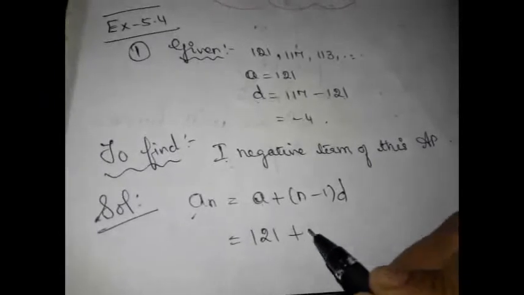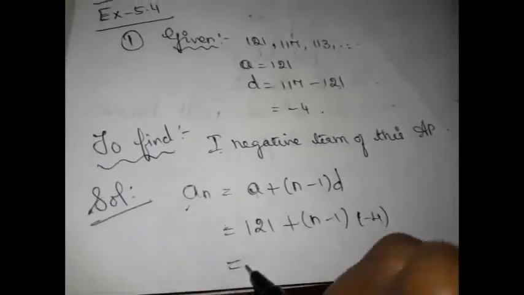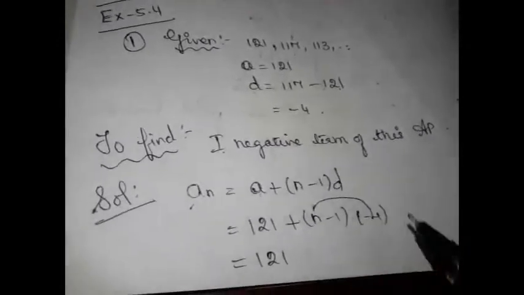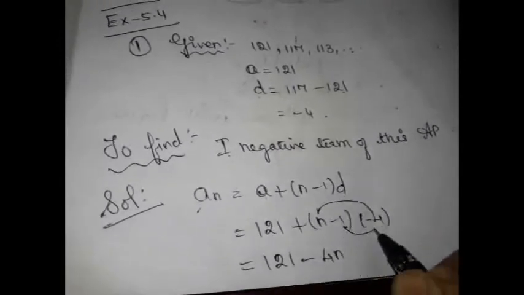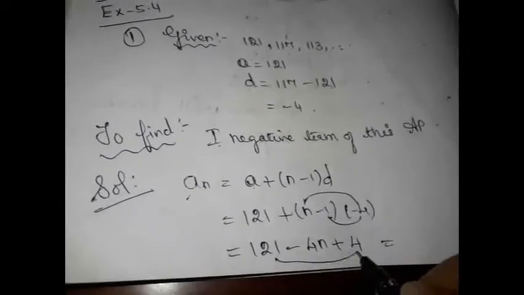An is a plus n minus 1 times d, which is 121 plus n minus 1 times the common difference minus 4, which equals 121 minus 4n, minus into minus it will become plus 4. 121 plus 4 is 125 minus 4n. So our an is 125 minus 4n. Okay.